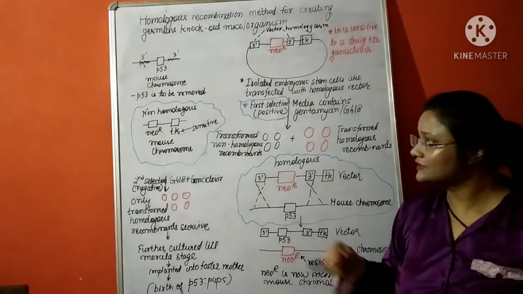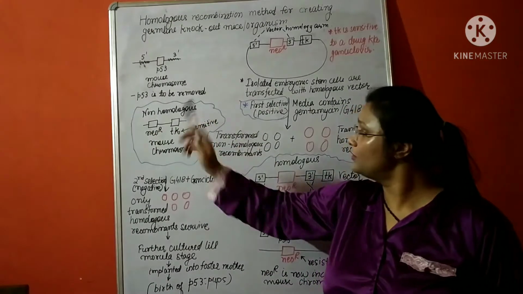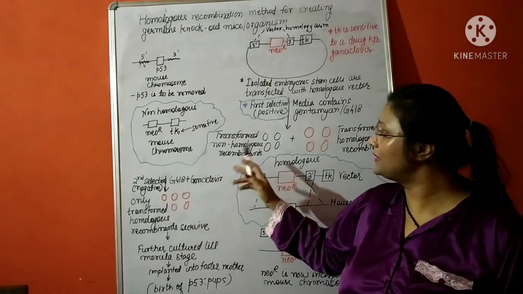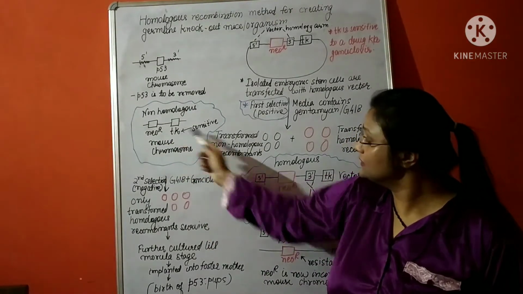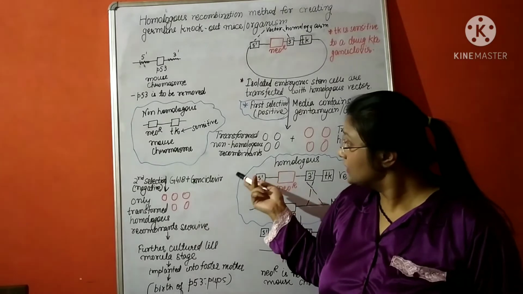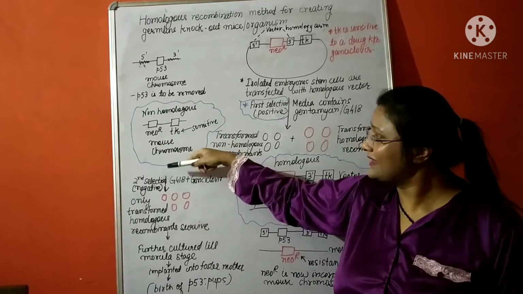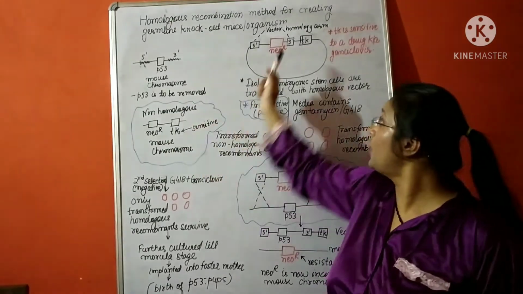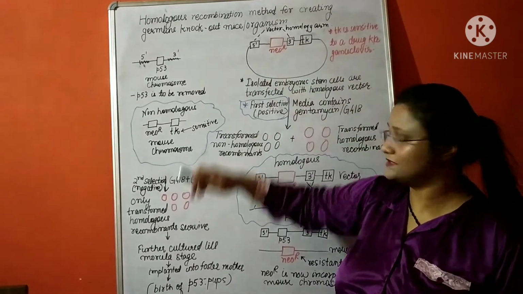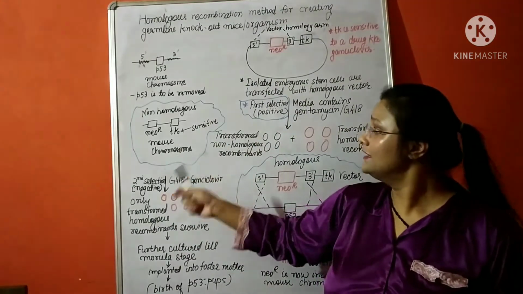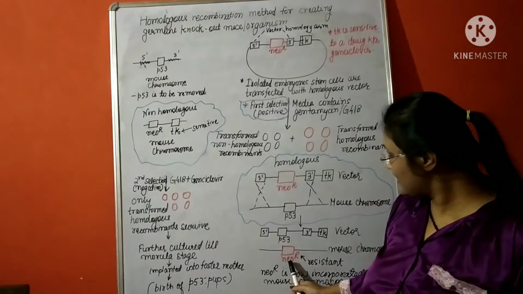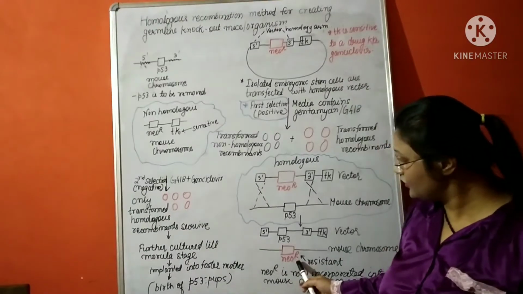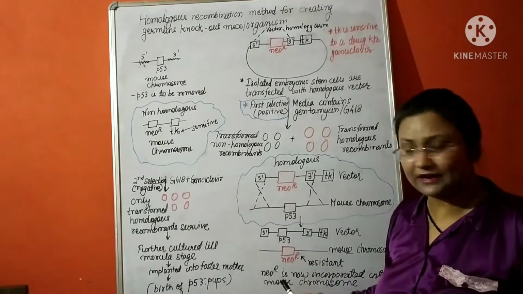Now let me tell you how exactly the chromosome of non-homologous recombinant cells will look. The exchange will occur anywhere, not between the 5' and 3' homology. If we look here, in homologous recombinant cells, only the neomycin resistant gene is incorporated.